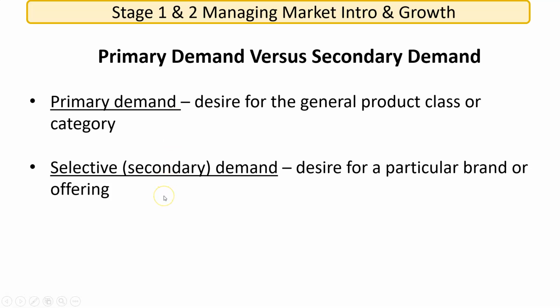Selective demand, should I shop at Albertsons or Trader Joe's today? So again, at first, primary demand is key because we just need them to choose the product category itself. However, as the market grows and competitors emerge, then we have a sufficient number of customers that have accepted the idea and our value. So we can focus on that secondary, selective demand, where your promotions stress your particular offering over competitors.